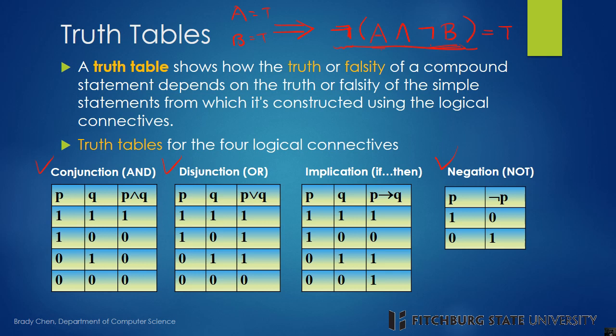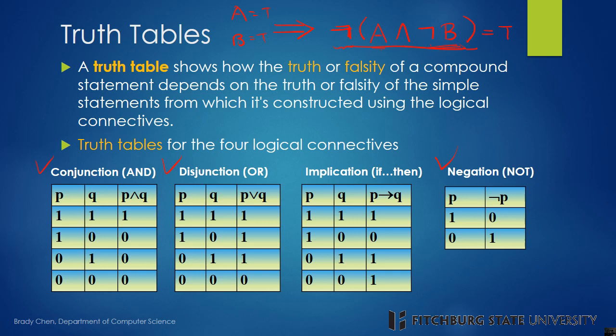Now, P and Q means if P is a true statement and Q is a true statement, then P and Q is also a true statement. However, if one of the propositions is false, either P is false or Q is false, or both statements are false, then P and Q is false. It's kind of like common sense, right?